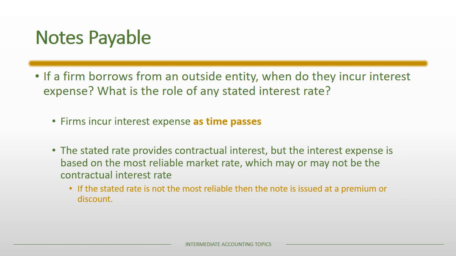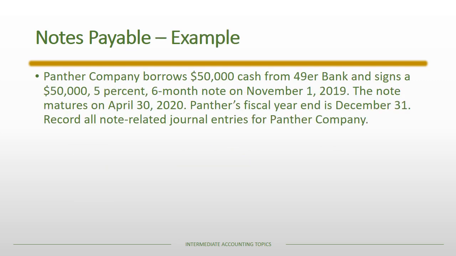Usually the stated rate is the same as the market rate, but that does not necessarily have to be the case. And as that liability is incurred, you have an interest expense, but there may also be a premium or discount that we'd have to amortize, which would also create an interest expense as time passes.